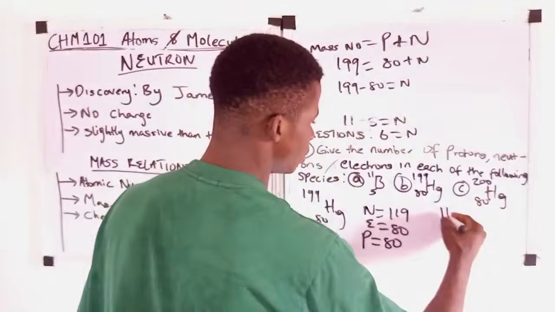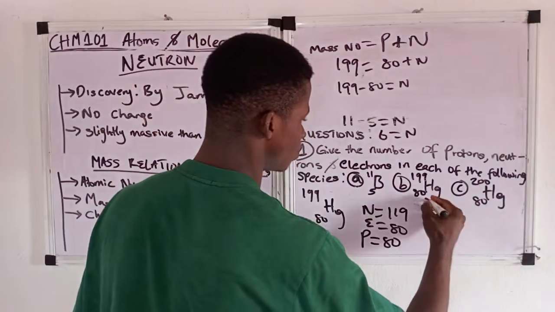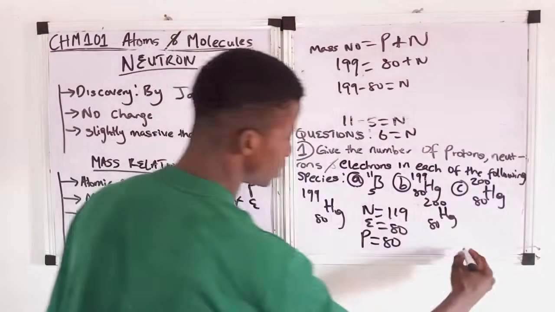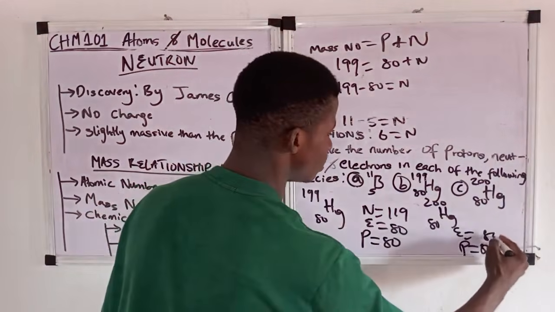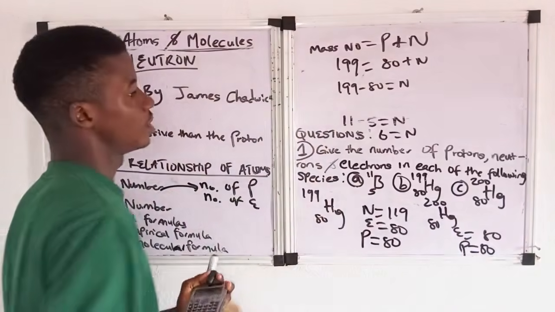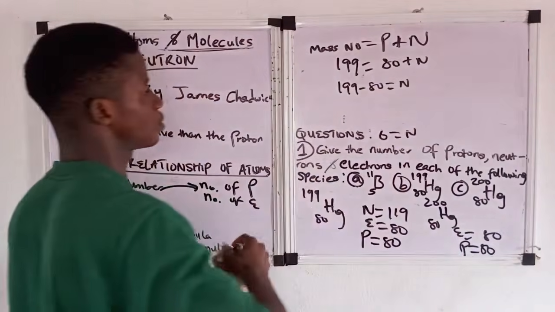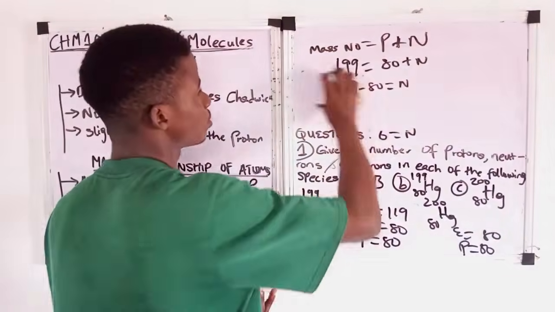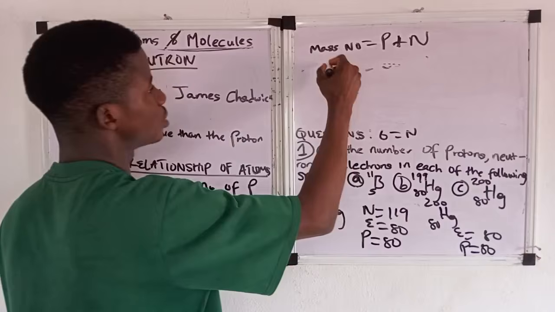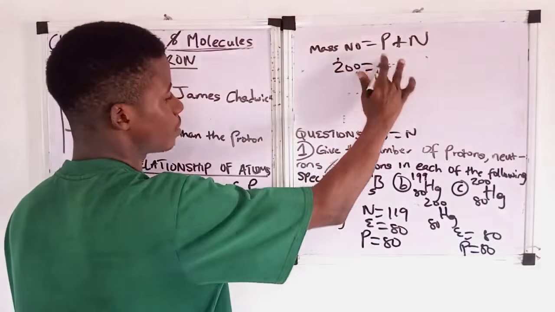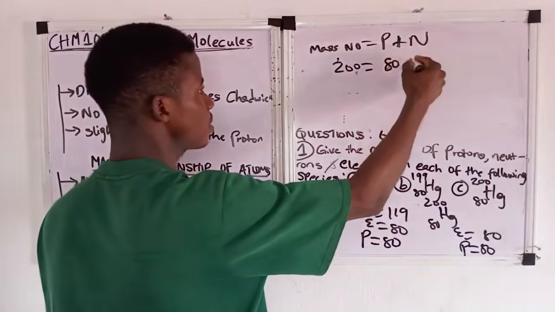Okay, now let's do the last part. This other one, Hg, 80, then 200. The proton number is still 80, and the electron number is still 80. What about the neutron number? It's very easy. Remember, mass number equals proton number plus neutron number, right? The mass number of this atom is 200, right? Yes, and the proton number is 80, right?